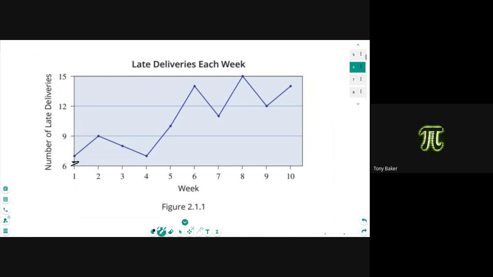So are they saying that at 1.5 weeks, 7.5 people were late? No. The lines mean nothing. The only thing that means anything are the actual points.